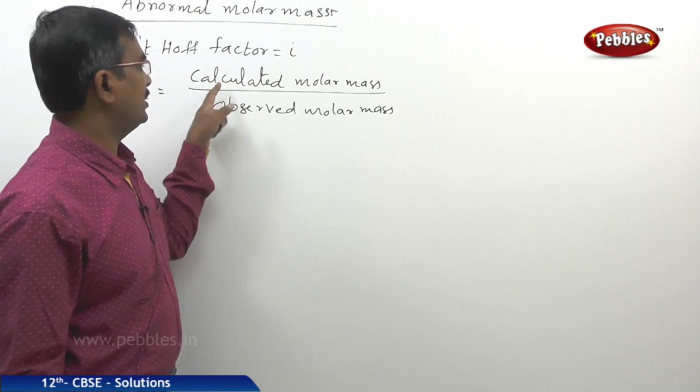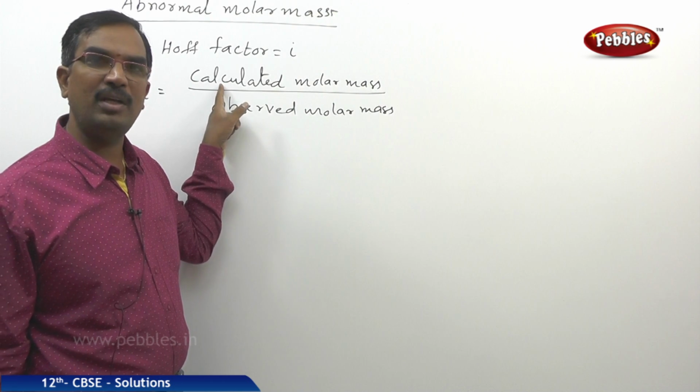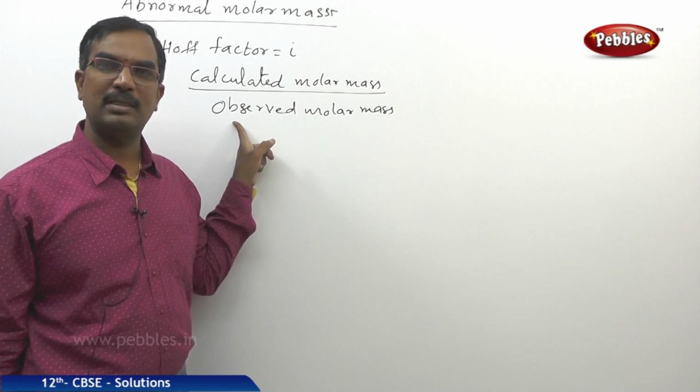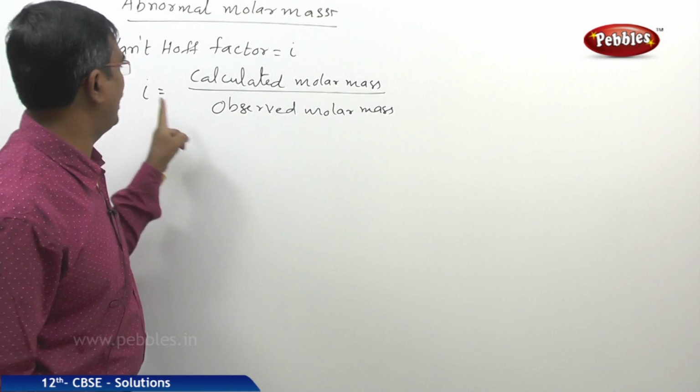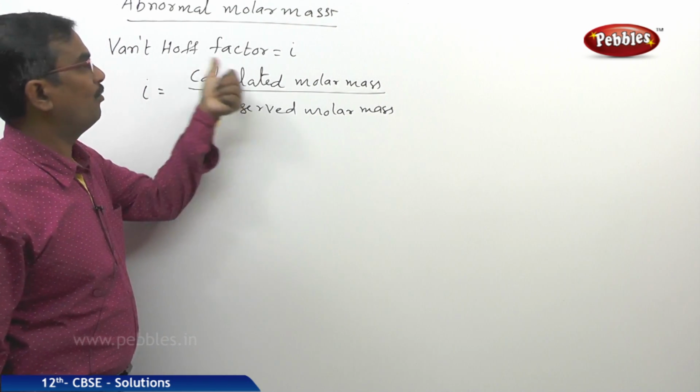This is the experimental value, this is the calculated value originally, this is the observed value. The ratio of these two is given as the corresponding I, nothing but the Vant Hoff factor.